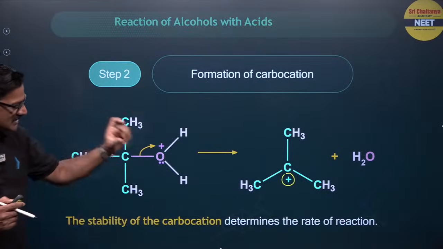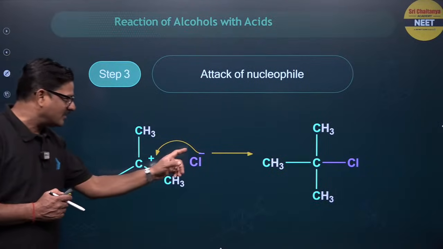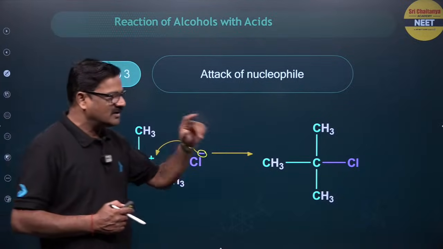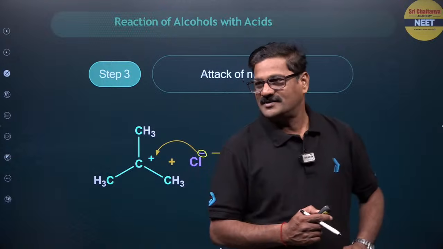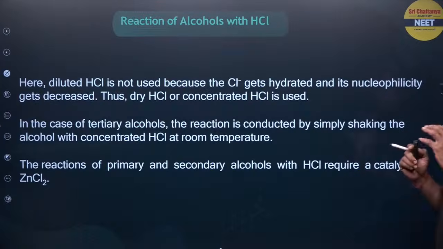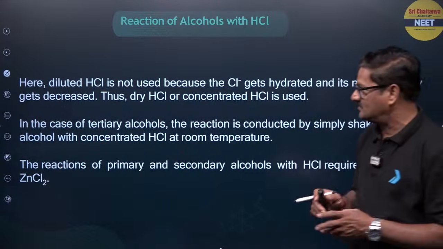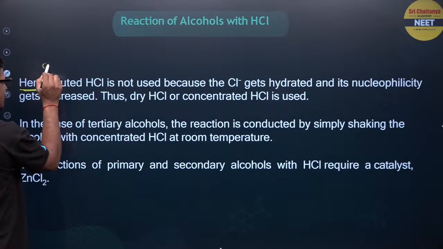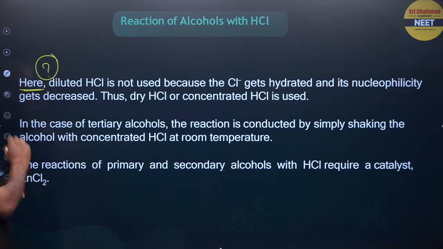Okay. So this carbocation is going to be attacked by the nucleophile Cl- to give its corresponding alkyl chloride, right? That's good. And here diluted HCl is not used. So reasoning questions are very important. Diluted HCl is not used.